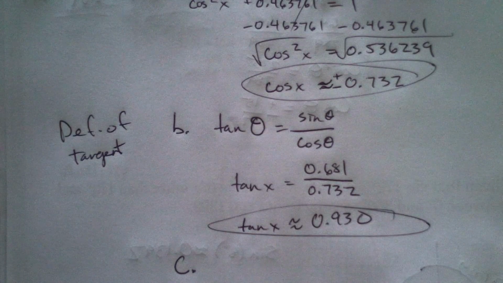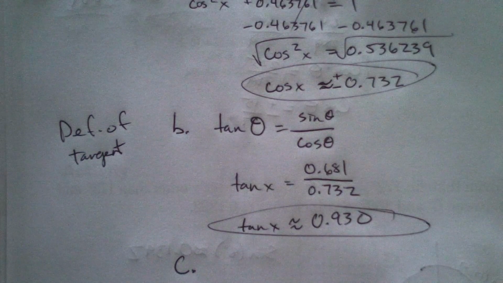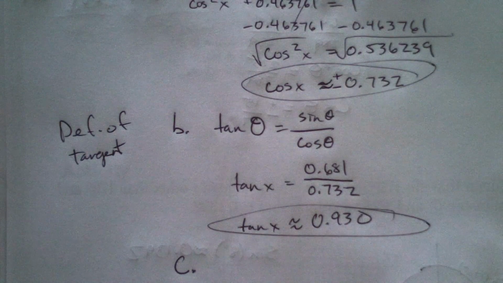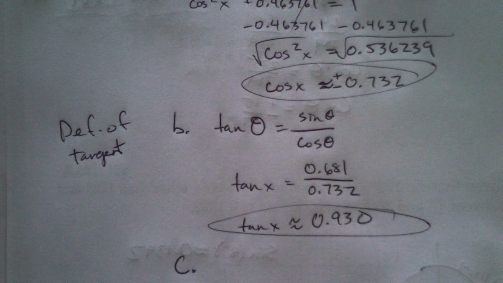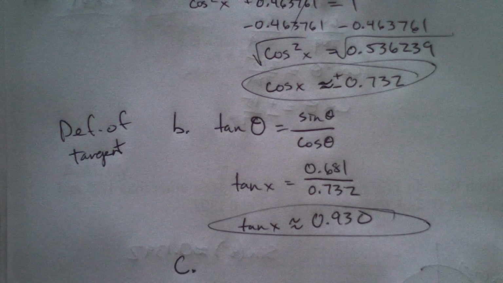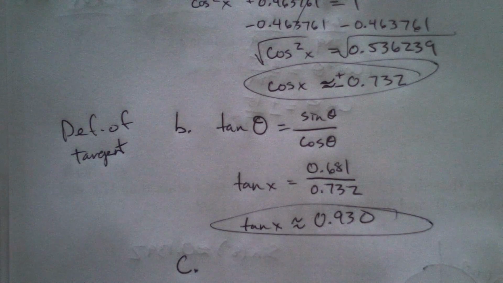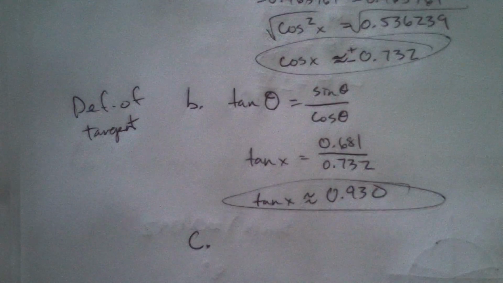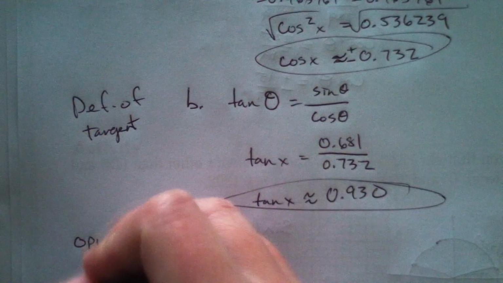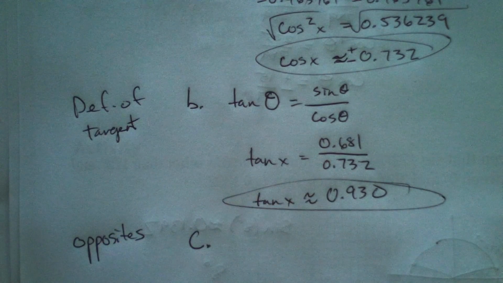Whatever you started with, you keep the same thing. So sine of pi minus x is just going to kick out a sine of x. And what was our value for sine of x? The 0.681. So it's the same exact number as what we started with. Like I said, some of them aren't too bad. We don't have to calculate too much. And that was the supplements one. See where that one comes from.